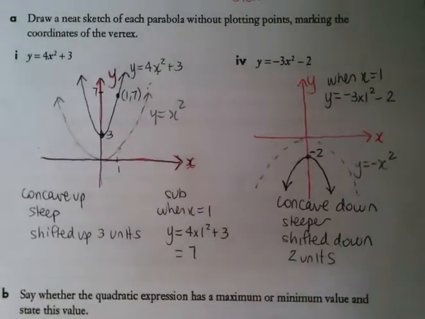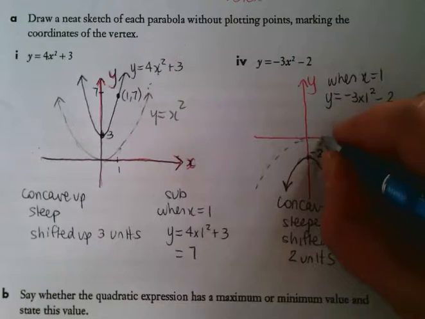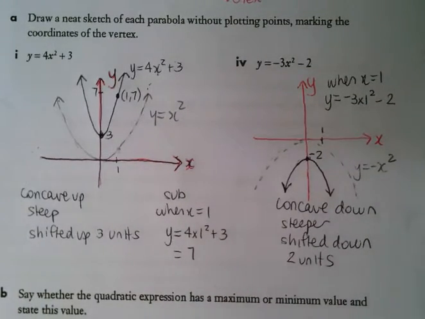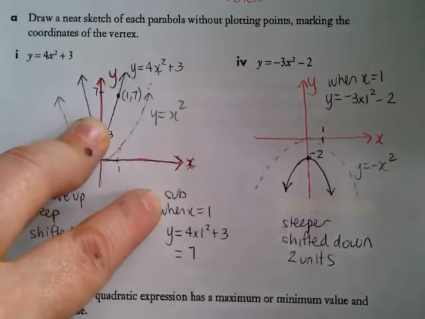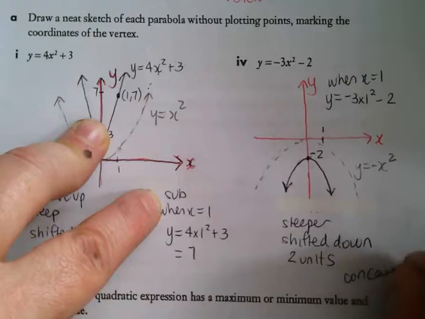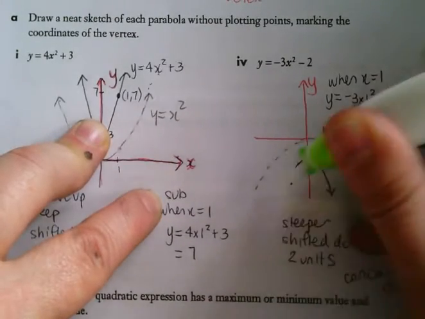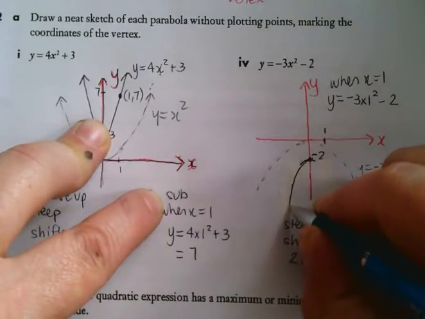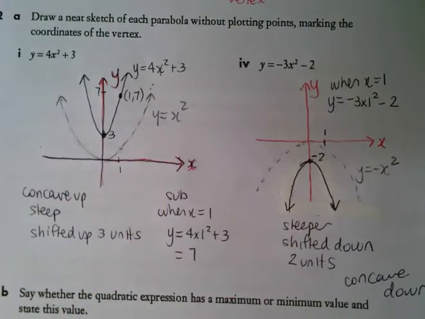I'm trying to work out, when x is +1, what my y value is going to be. Now, I'm just going to make a bit more room here. I'll write concave down here. So concave down. I'm going to make this a bit bigger because I haven't left much room for it. And it's got to be fairly steep. And it's facing downwards. Okay?